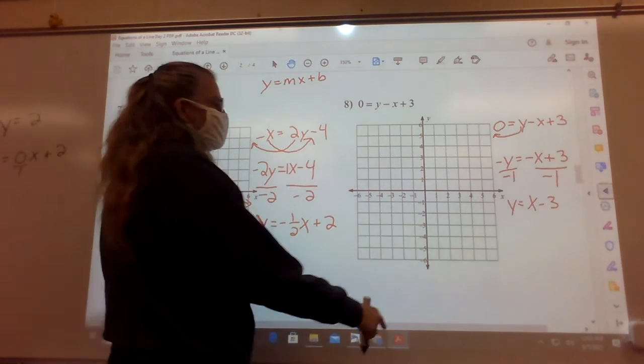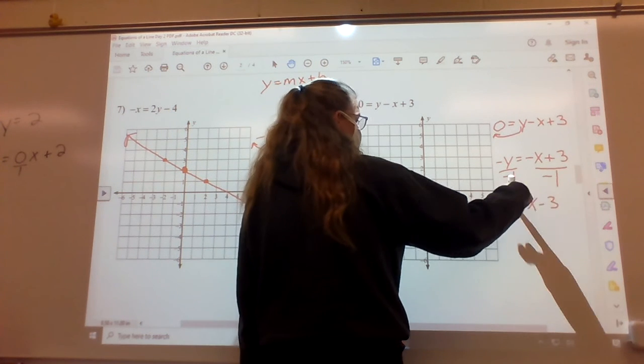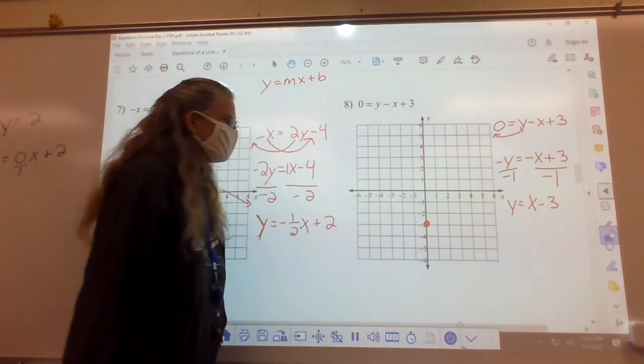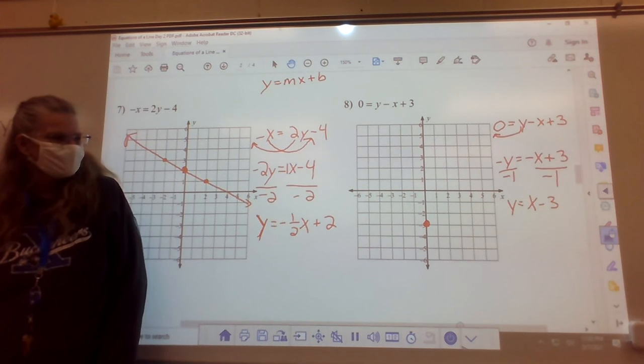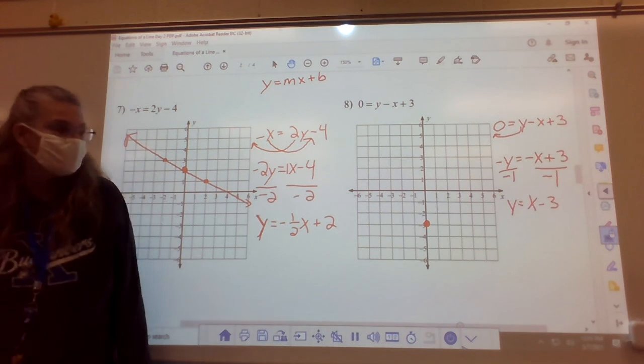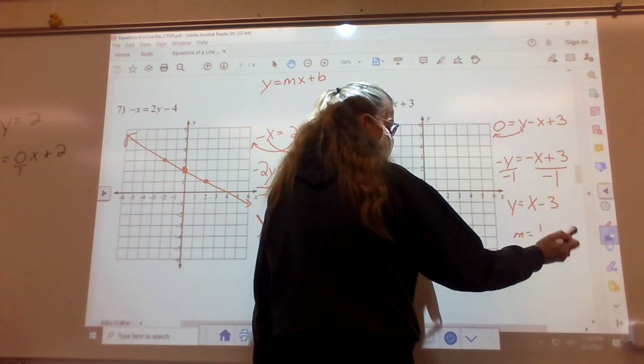Well, my y-intercept is -3 because it's a plain old number. The plain old number, once I get into this form, is always what I start with. What's my slope on this thing? My slope is what is in front of the x. So it's 1. So my slope in this case is 1.